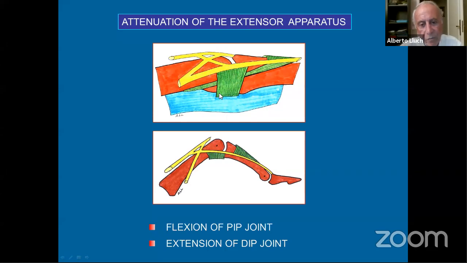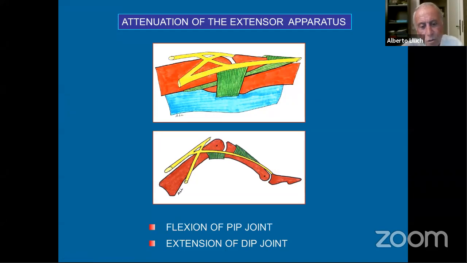Here we have the transverse retinacular ligament holding the lateral band more or less around here, just dorsal to the axis of rotation of the PIP joint, and here the triangular ligament, in normal circumstances, prevents the lateral band from displacing excessively volarly.